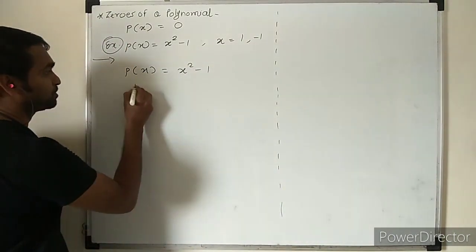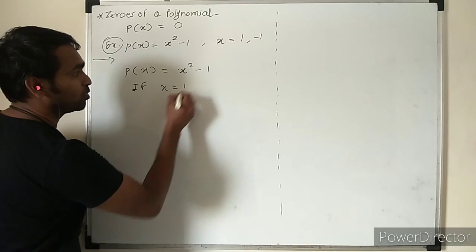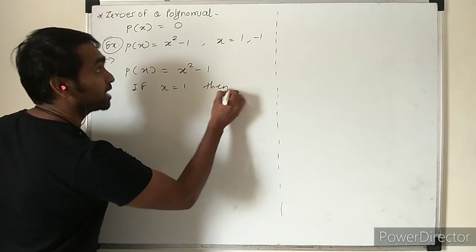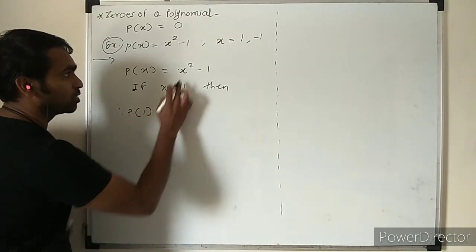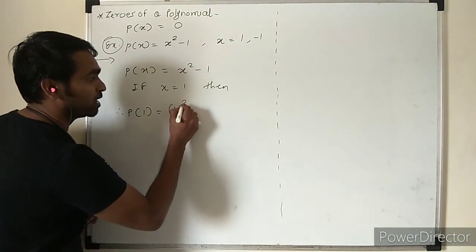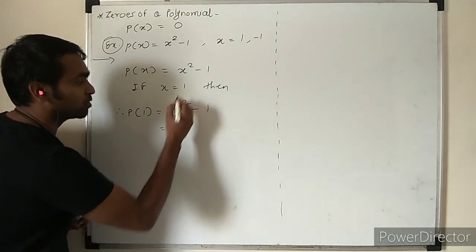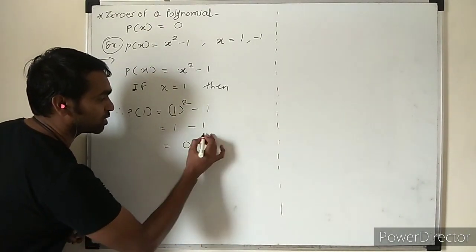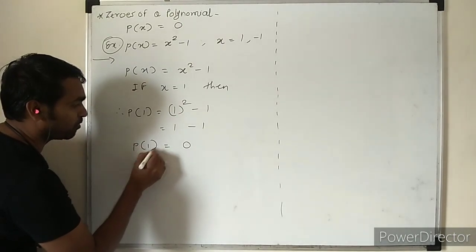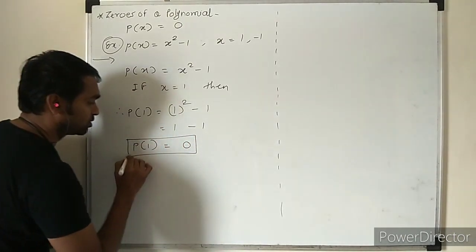Okay, if x is equal to 1, then P of 1 is equal to x square, means 1 square minus 1. 1 square, that is 1, minus 1. Answer 1 minus 1, that is 0. Means P of 1 is equal to 0.